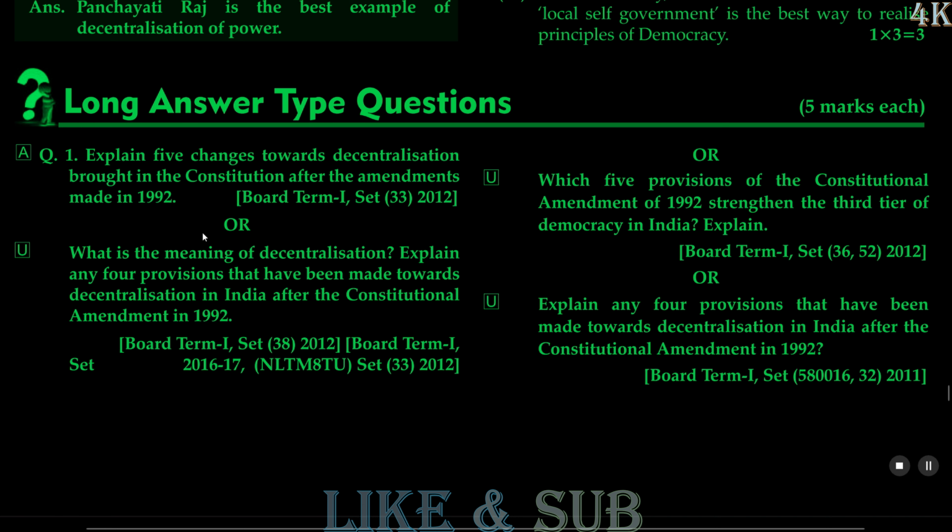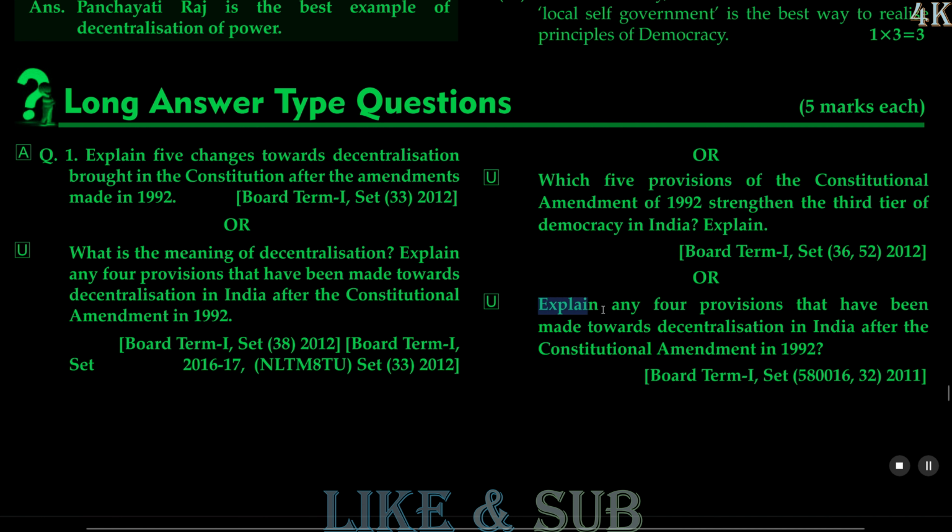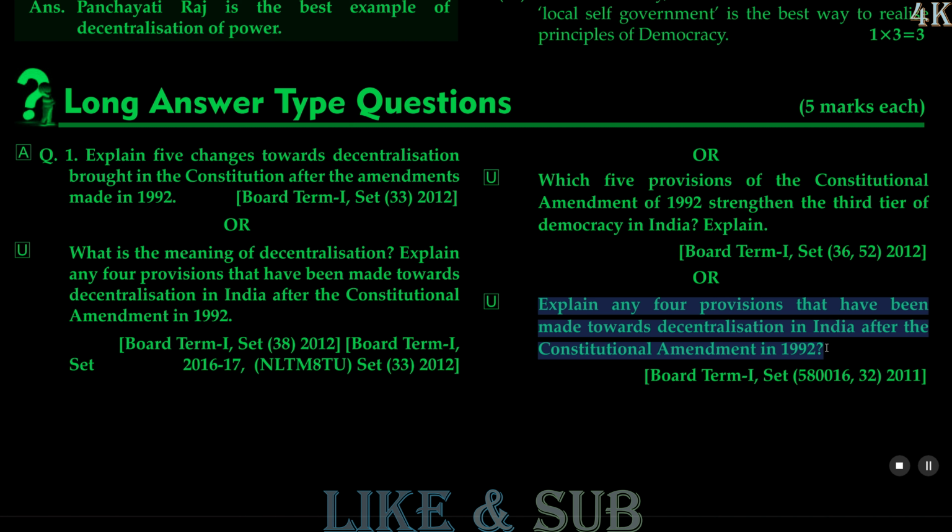Explain 5 changes towards decentralization brought in the Constitution after the amendments made in 1992. What is the meaning of decentralization? Explain any 4 provisions that have been made towards decentralization in India after the constitutional amendment in 1992. Which 5 provisions of the constitutional amendment of 1992 strengthen the third tier of democracy in India?